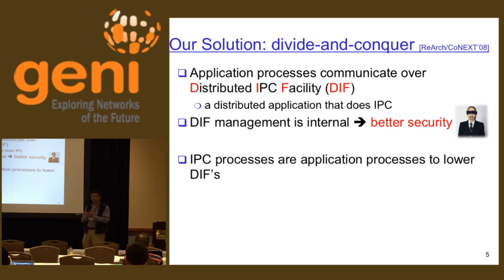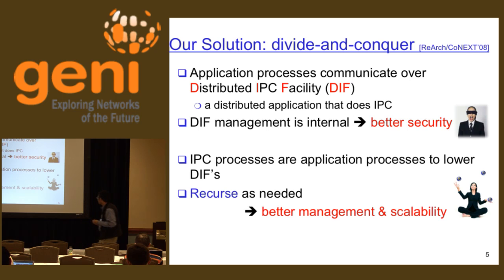We will use another concept from computer science, which is recursion. What we are saying here is that the communication processes that make up this DIF can themselves act as application processes and recursively ask for communication service from lower layer DIFs, the facilities we are talking about here.